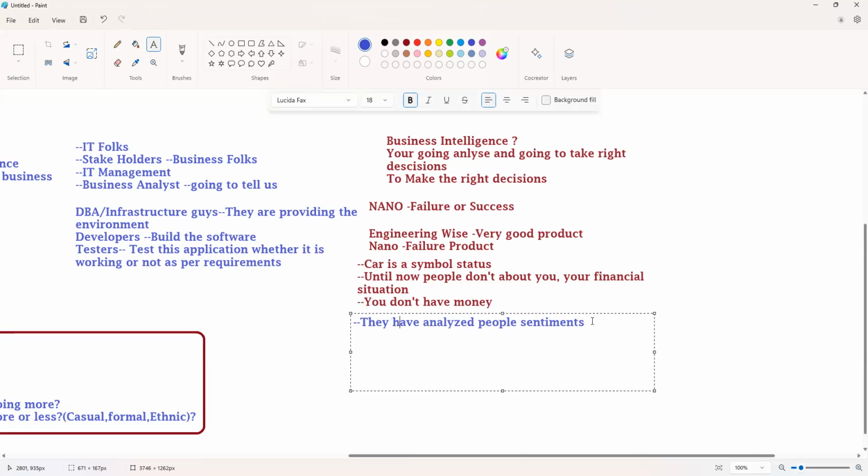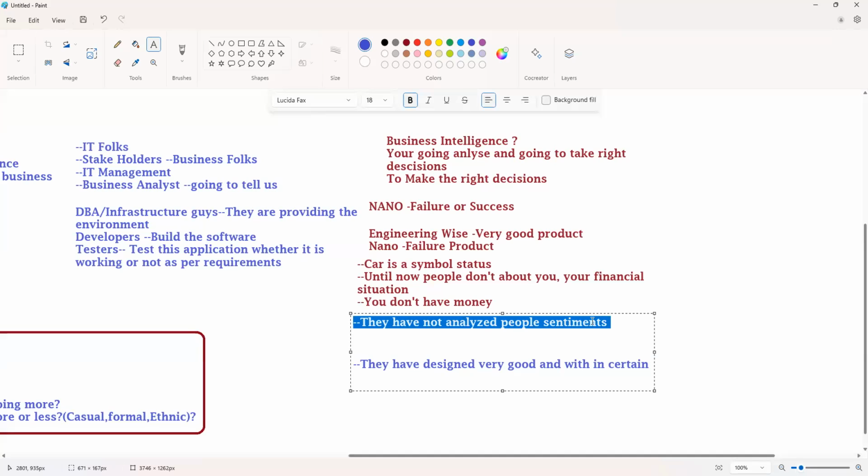But what they did do very well is design the product. The design is very good, and they did it within a certain cost. So internal management and engineering perspective, excellent. But they have not analyzed the people's sentiment.